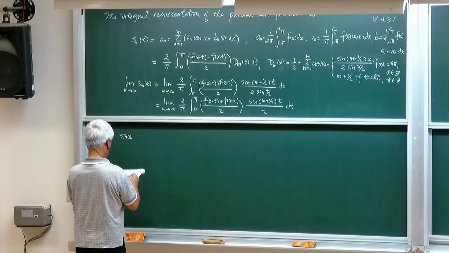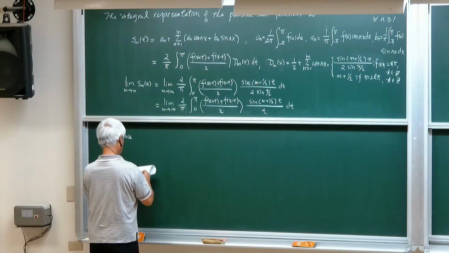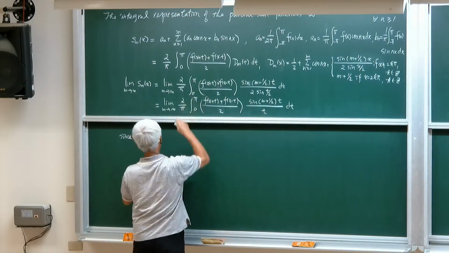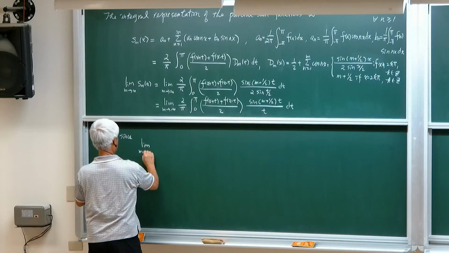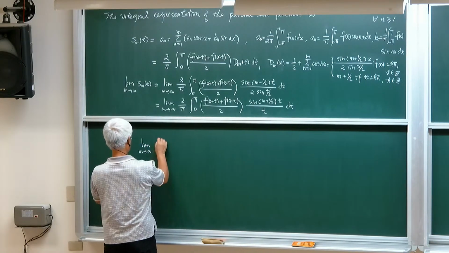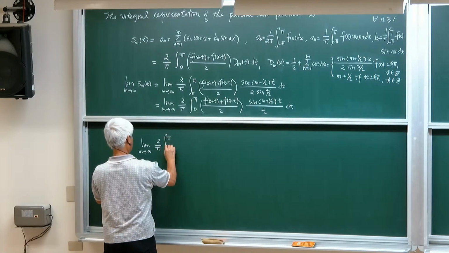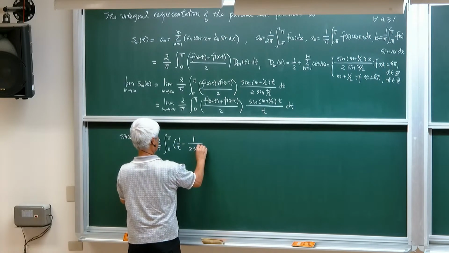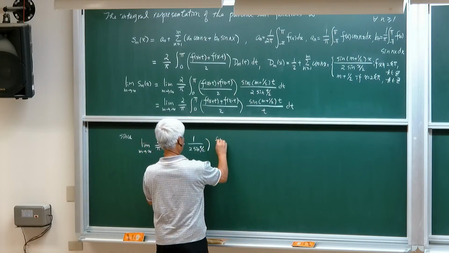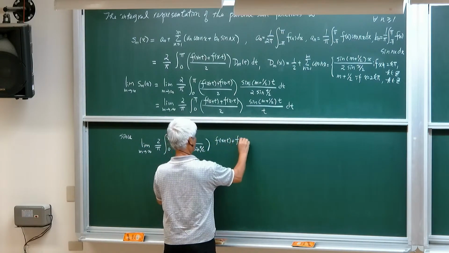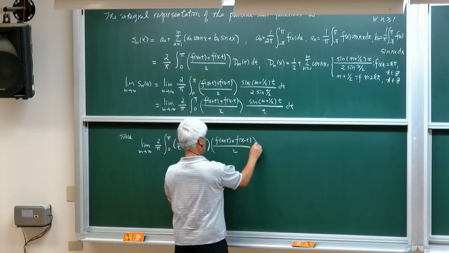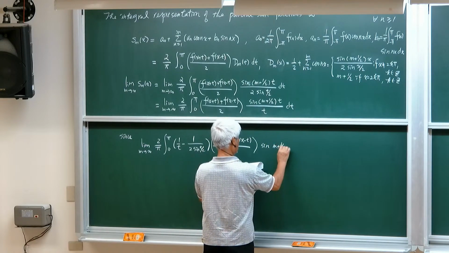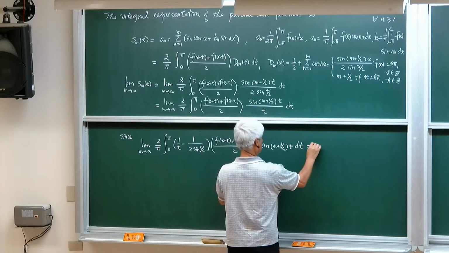Right. So last Thursday we stated that the difference of these two limits, the integral of (1 over t minus 1 over 2 sine t over 2) times (f(x+t) plus f(x-t)) divided by 2, times sine of (n plus 1/2) t, dt, is 0.